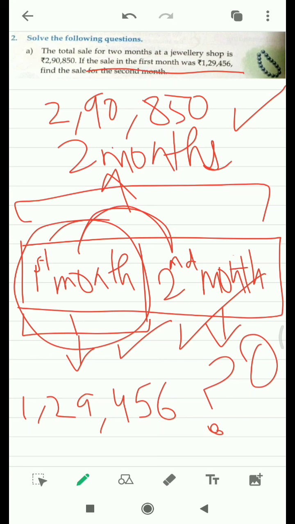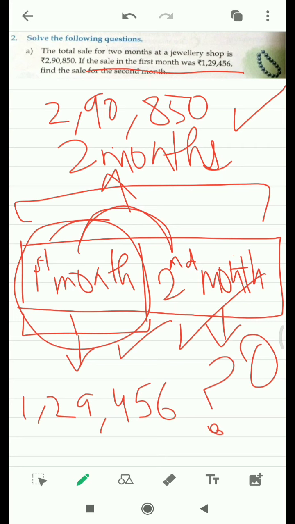But at the end of 2 months, they got 2,90,850, but we don't know what was our sale in the second month. So how can they find that? They know the first month and they know the 2 months altogether, and they have to find the second month. So they can find it by subtraction. That's the use of subtraction in daily life.